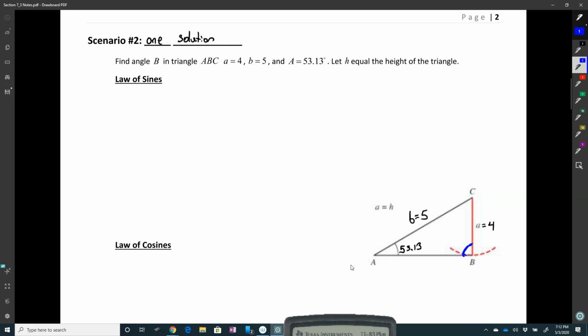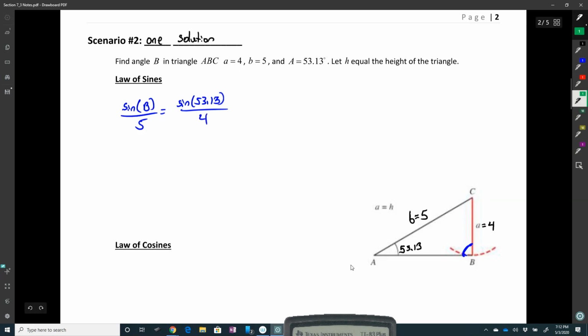And you do exactly what you did on the other side. Sine of B over 5 equals sine of 53.13 over 4.